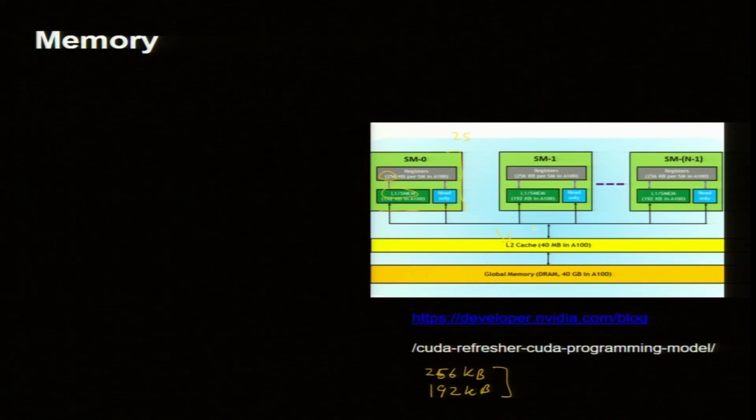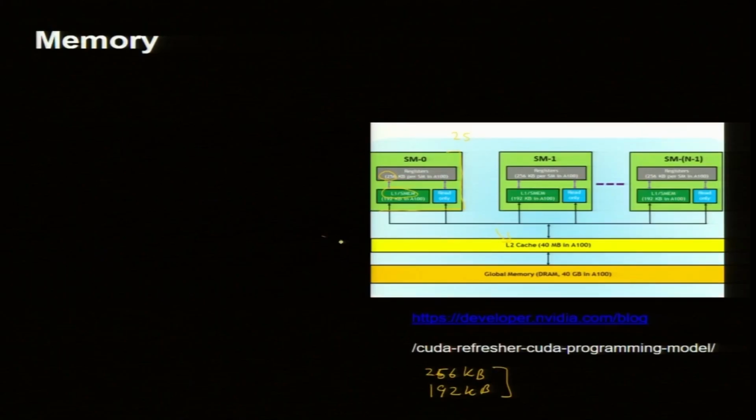Outside SM is L2 cache, which is not so bad, and global memory, which is inside the GPU. I do not mean the host memory, the CPU memory. Do not try to access the CPU memory, that will be very slow.